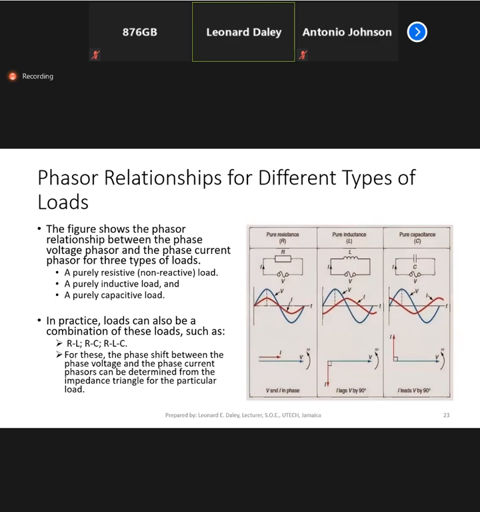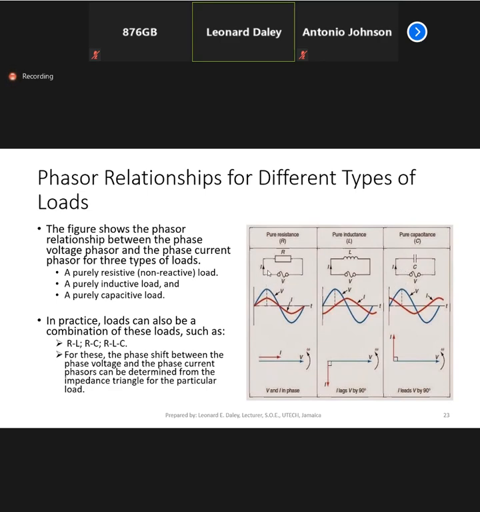Now, just a reminder of some things you should have done in your first year. There's a relationship between voltage and current phasors for different types of loads. You can have a purely resistive load, a purely inductive load (an inductor), and a purely capacitive load (a capacitor).